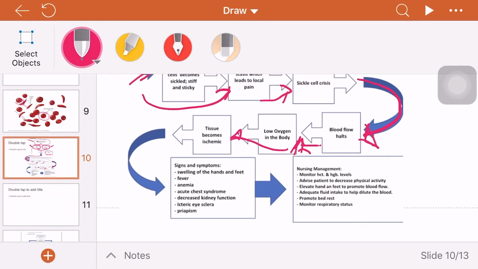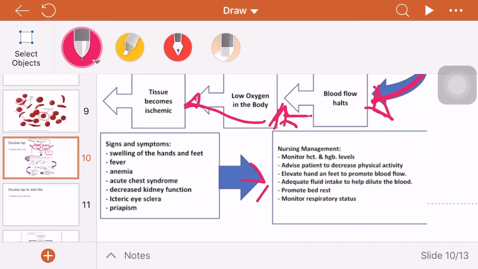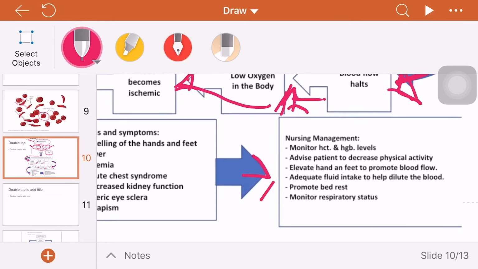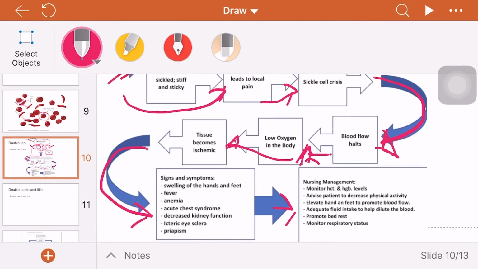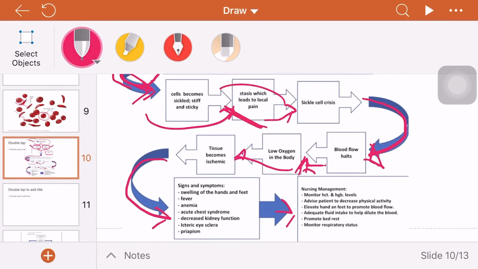And that's it. After the signs and symptoms, remember, comes the nursing management and medical management. So what are the nursing management? I included: monitor hematocrit and hemoglobin levels; advise the patient to decrease physical activity because the hemoglobin is very sensitive to low oxygen, so once the body increases the demand for oxygen, the oxygen in the body drops. Elevate hands and feet to promote blood flow, because there is stasis of blood which leads to local pain.